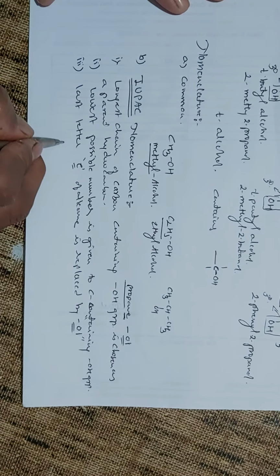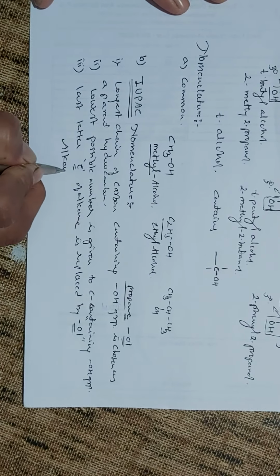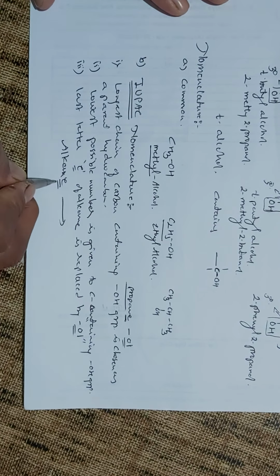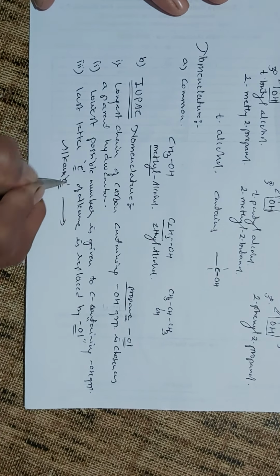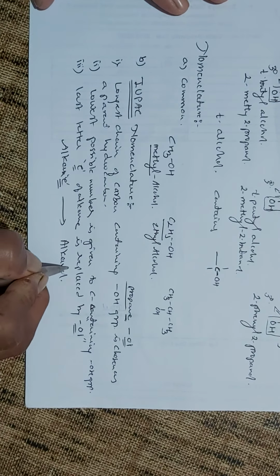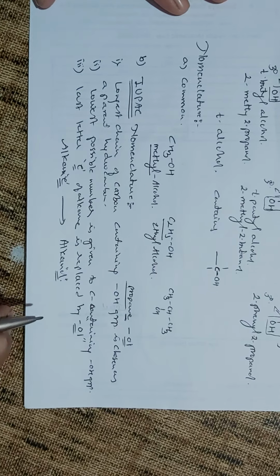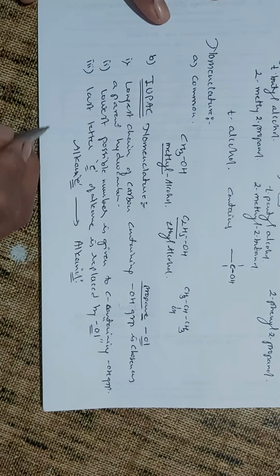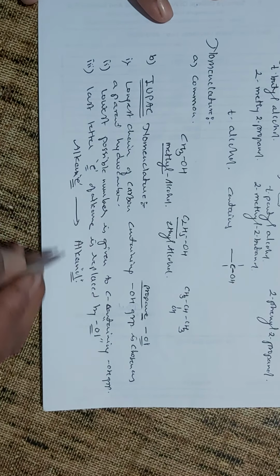Means we can just have a simple example: the E of the alkane is replaced by OL, giving alkanol. So methane will become methanol, ethane will become ethanol, propane will become propanol.